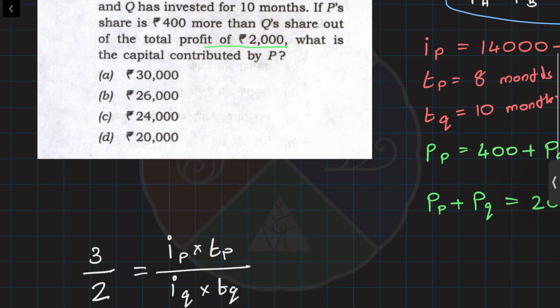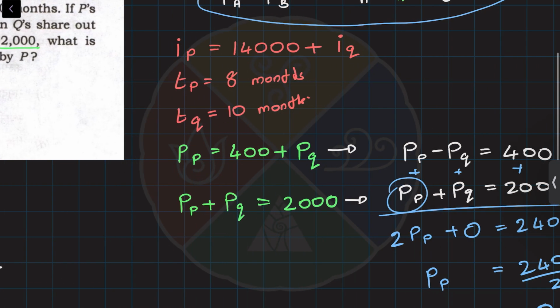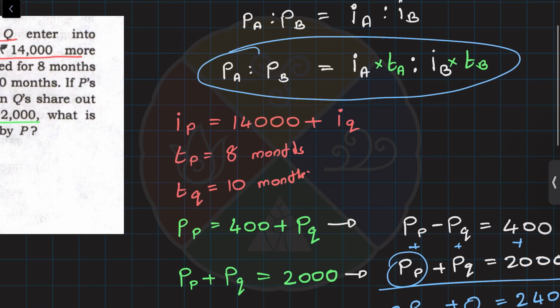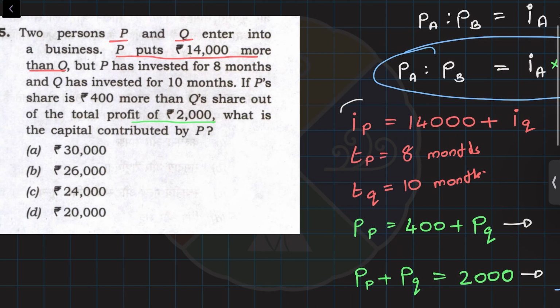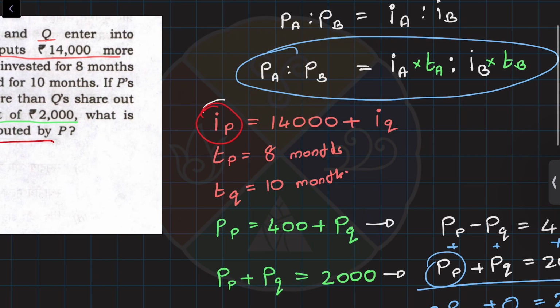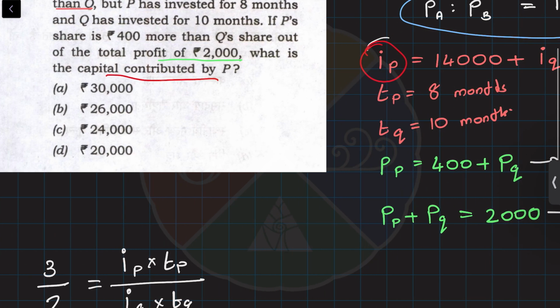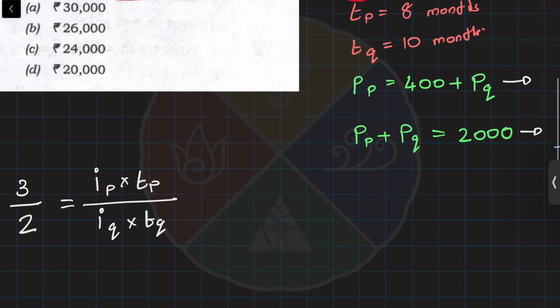Now what other information do I have? The question is basically asking you to find the capital contributed by P. The capital contributed by P simply means investment of P. So let's put that value as it is. Time of P is going to be 8 months. Time of Q is going to be 10 months.